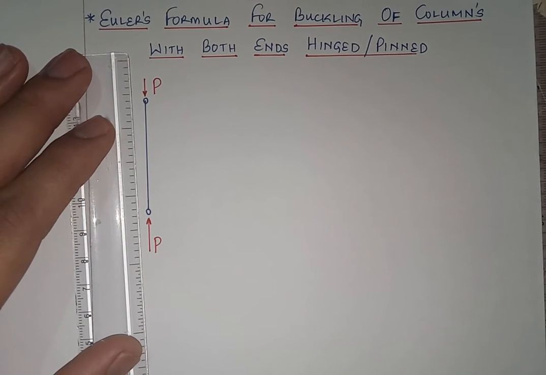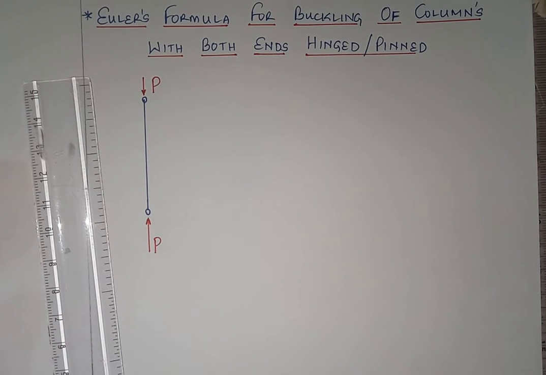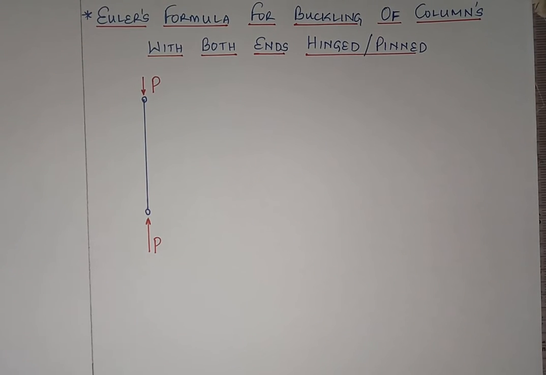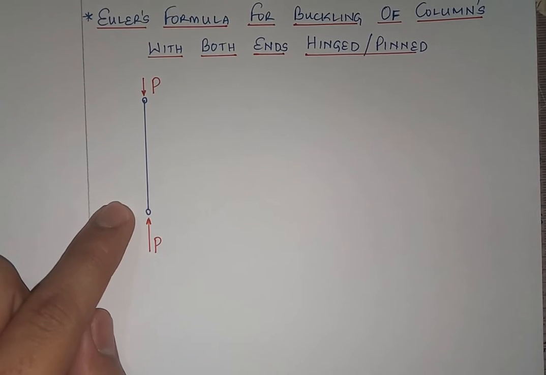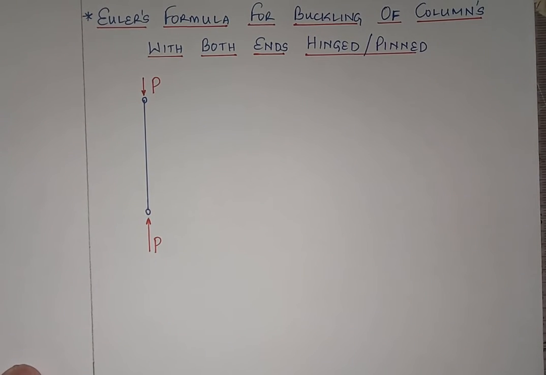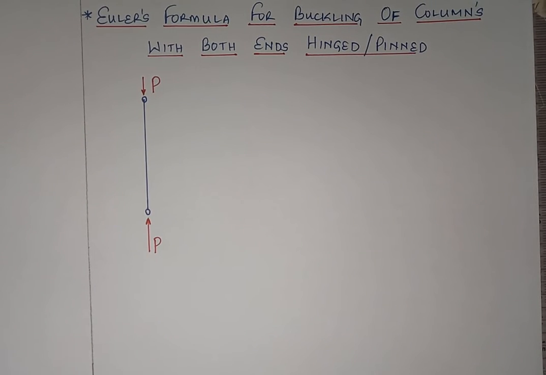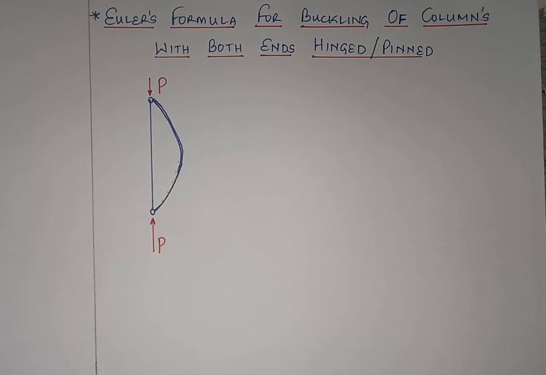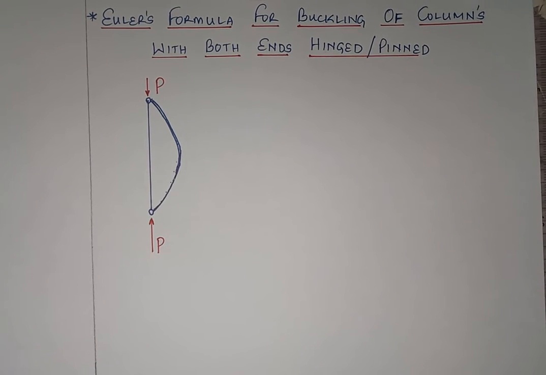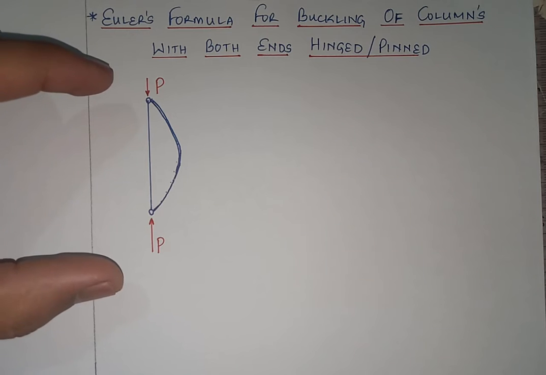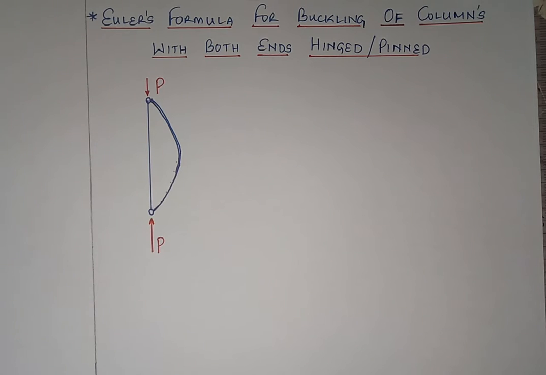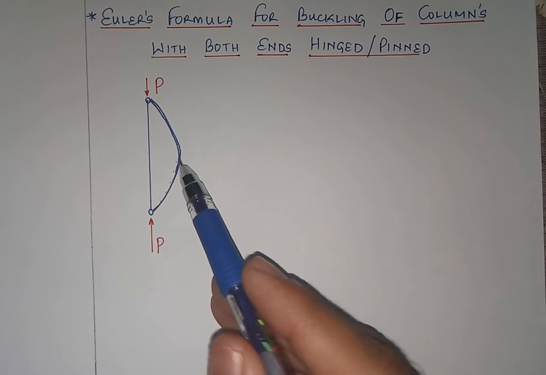Now because of this compressive load, what is going to happen? This column will buckle. I'll show you the final shape. Due to buckling, because of this applied compressive load, it will bend and the final shape will be like this.